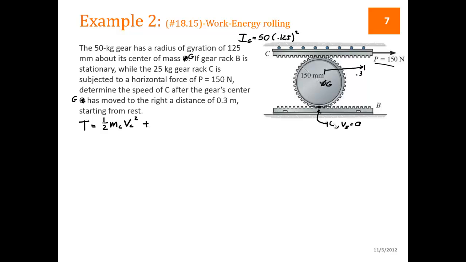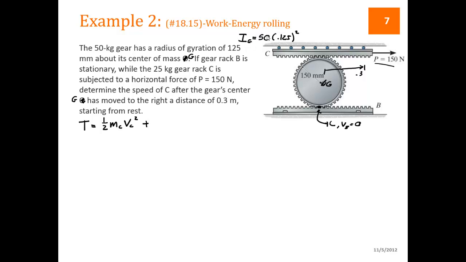If we look at the instantaneous center, it is only rotating, because the instantaneous center is not translating. That would be one term, versus two terms if we're dealing with the center of mass. But we're given the moment of inertia around the center of mass, so we end up making more work for ourselves to get to one term, because we have to translate this using the parallel axis theorem.